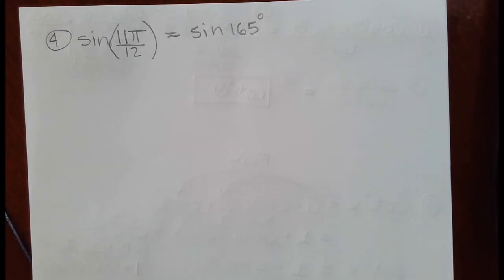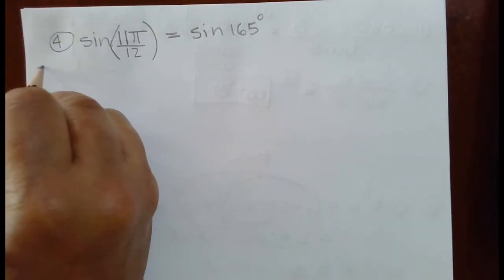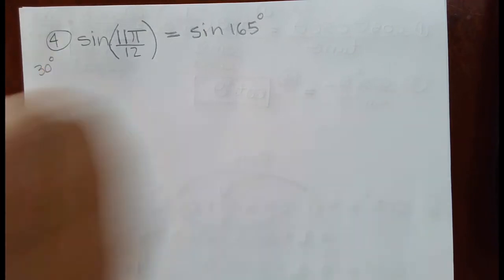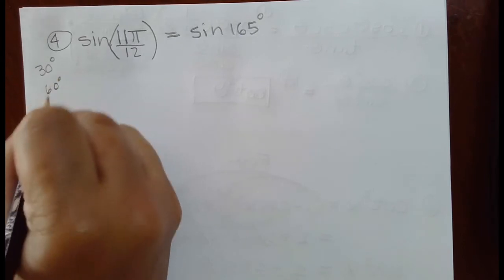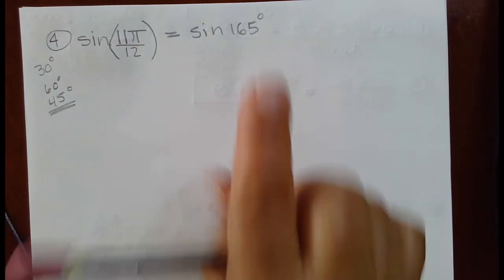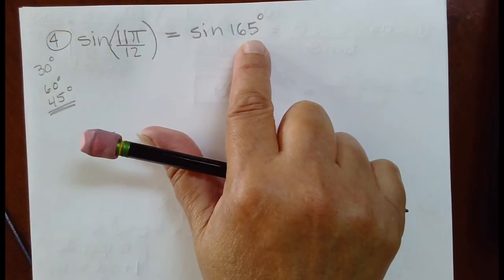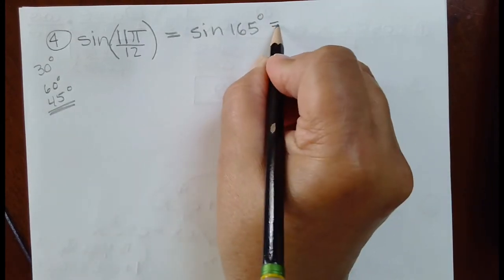So I know that the special right triangles that I taught you have to do with 30, 60, and 45. Now you see that this is the only one that ends in 5, and this number ends in 5. So one of the numbers that you're going to split this up into is going to be the 45, and you can either do the other one in your head or subtract. Okay, 45 plus what gives you 165? That would be 120.